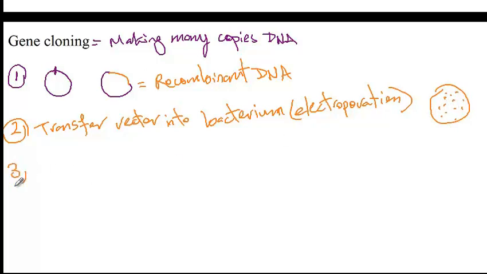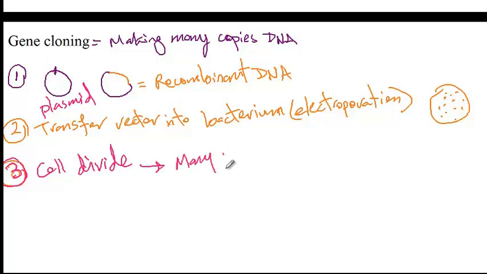In step number 3, we'll let the cell divide. One advantage of this recombinant DNA using the plasmid is that plasmids will replicate independent of the nuclear DNA. So once the cell divides, this plasmid will also divide independently of the cell, and now we will have many copies of the plasmid.